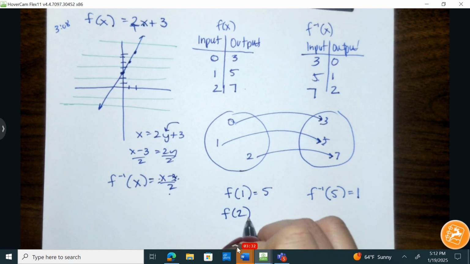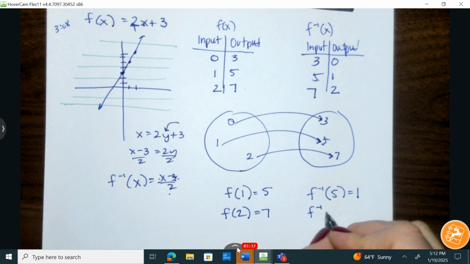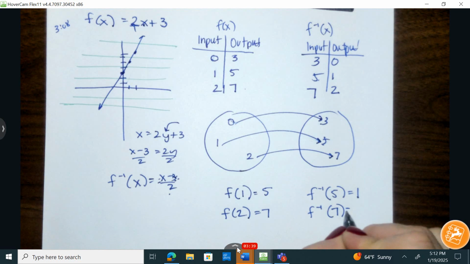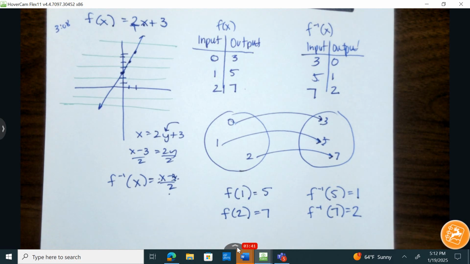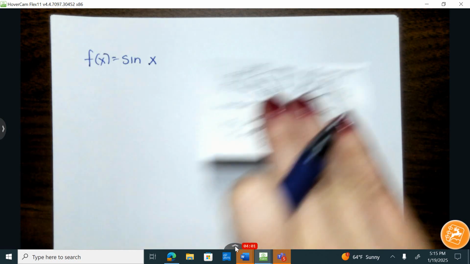When the input value of the function is 2, the output value is 7. But for the inverse function, when the input is 7, the output value is 2. Again, not just inverse, but inverse functions. If it's an inverse function, that means when I substitute an input value into the inverse, it can come up with at most one output value.